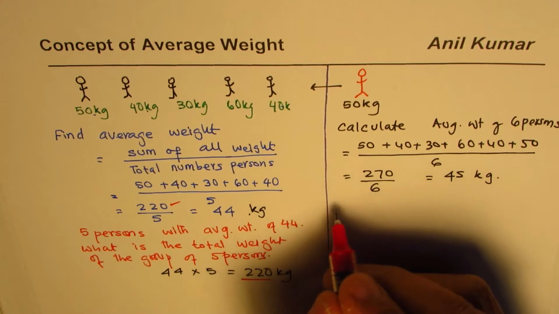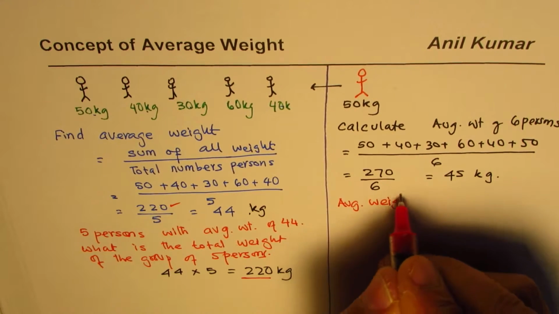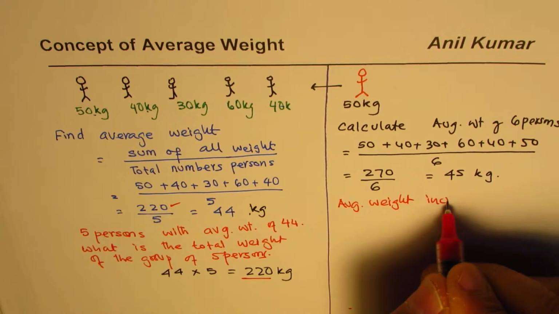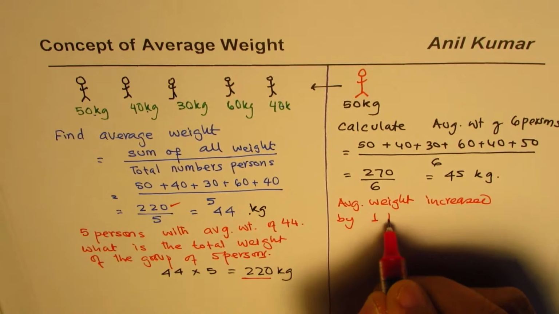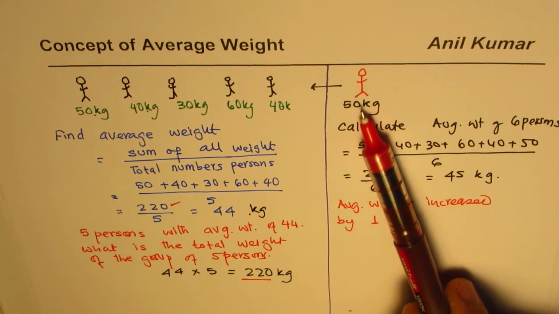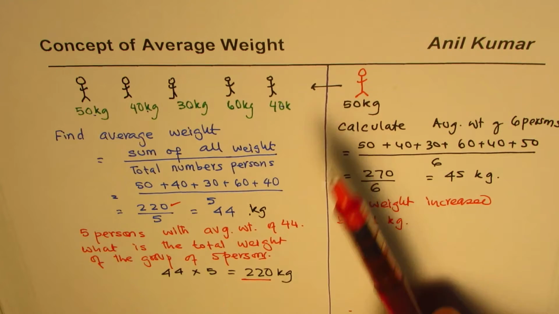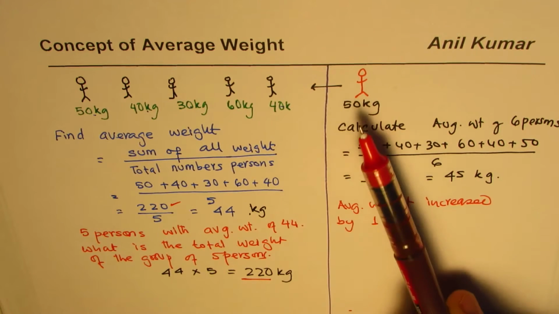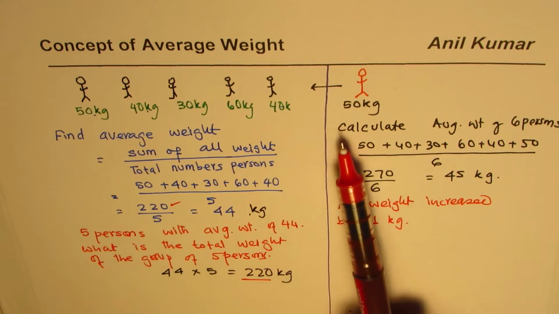So what we found here is that the average weight increased by 1 kg. The reason was that the person who was added to the group had 6 kg extra weight than the average. So that 6 kg was distributed amongst all the persons in the group.